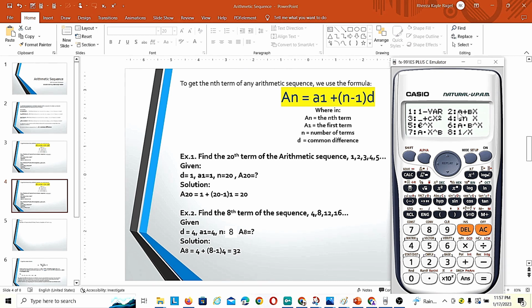Now, if you want to solve arithmetic sequence, you have to press 2, a plus bx, because arithmetic sequence is addition. So press 2, and then the x column here represents the position of the terms. For example, here, 1, 2, 3, 4, 5, that's the value of the terms, that's y.